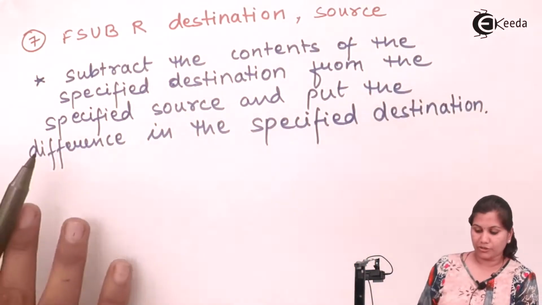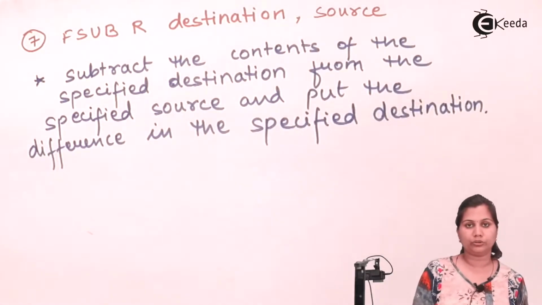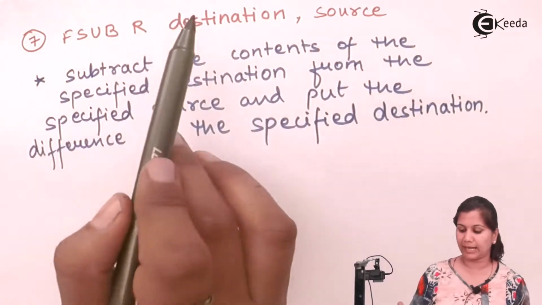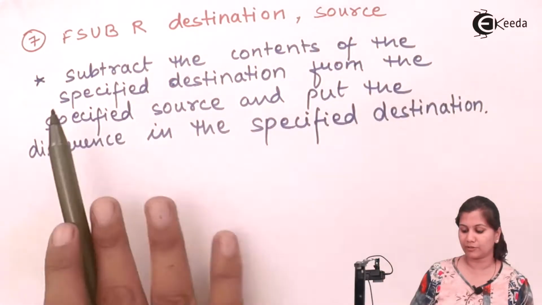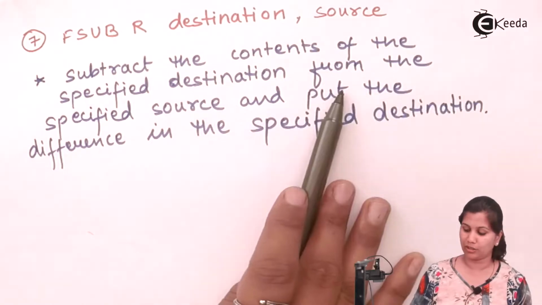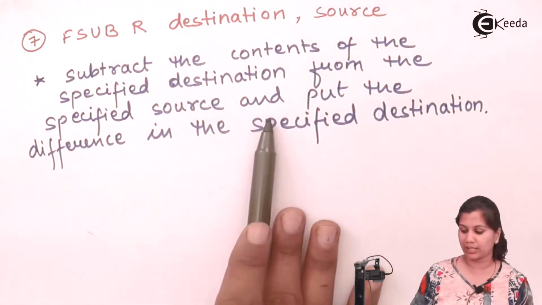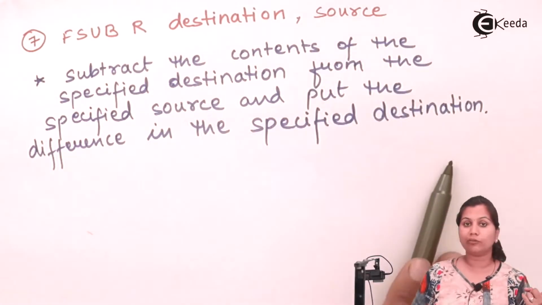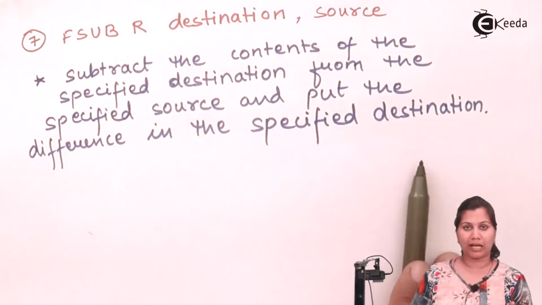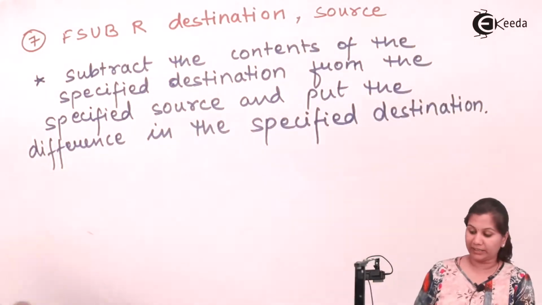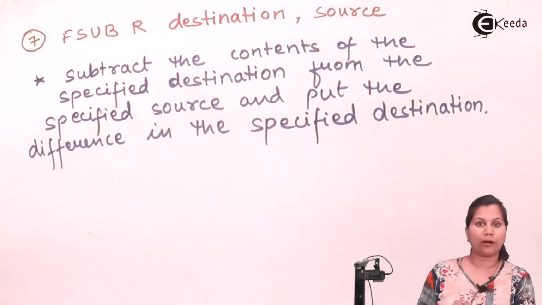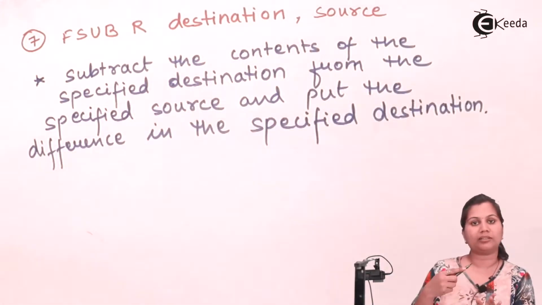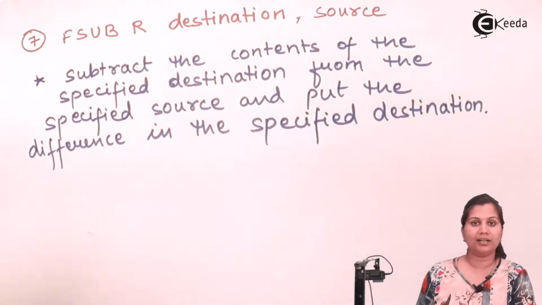So this instruction is similar to the subtraction instruction, that is FSUB. The difference is that it is going to subtract the contents of the specified destination from the specified source and put the difference in the specified destination. Earlier, the normal subtraction instruction was subtracting the source from the destination. Okay, now here the destination is subtracted from the source, so that is the difference.